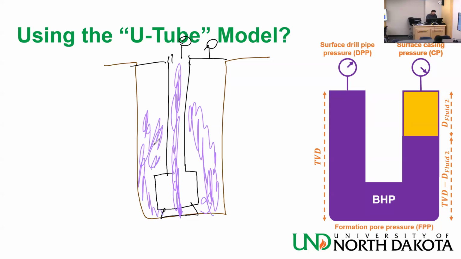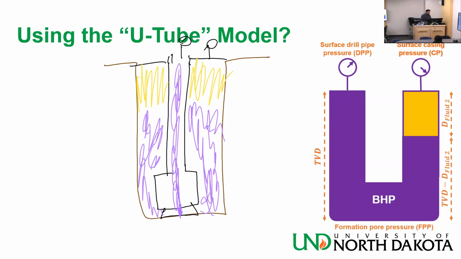Above that, I have a different kind of fluid, yellow fluid. And when I say different kind of fluid, we really mean different density. It can be two different fluids with the same density, and I will count it as one fluid. But if it's a different density, it's fluid 2 and fluid 1. So this is what it implies.